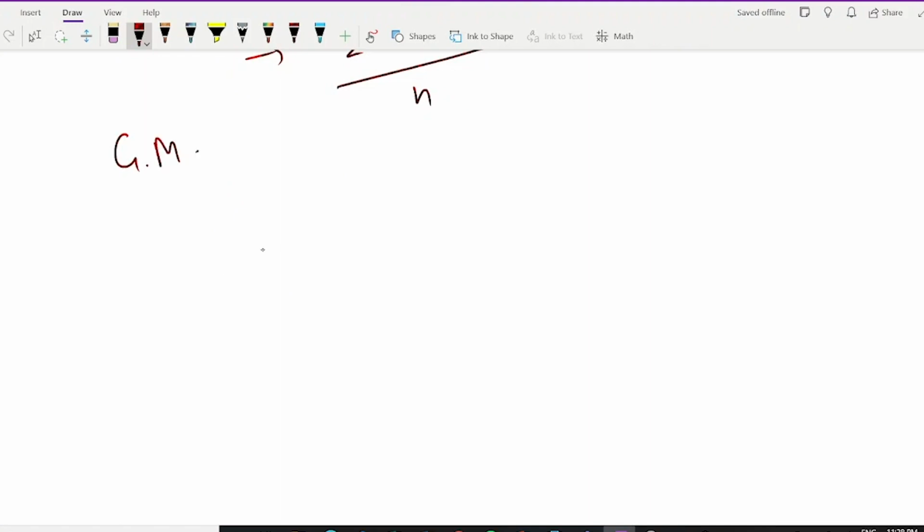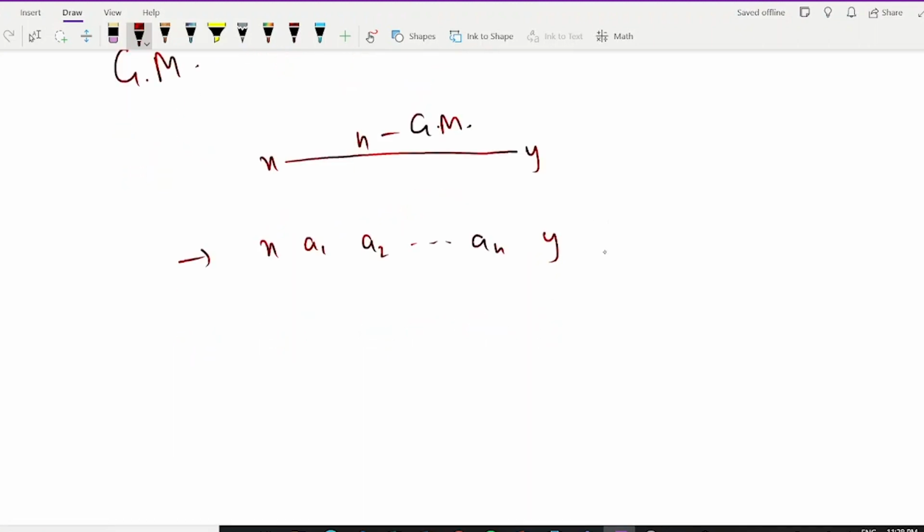Okay, moving on to geometric mean. Let's say you are given two numbers x and y, and you have been asked to insert n geometric means between x and y. So the sequence will look like x, a1, a2, an, and y. Since this sequence is a geometric progression, let's say the number of total terms will be equal to m.